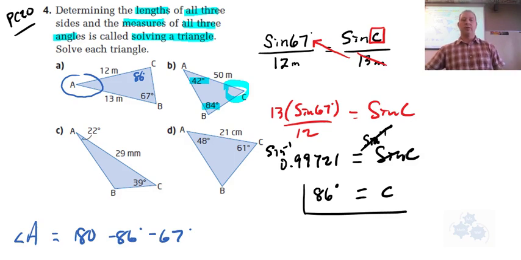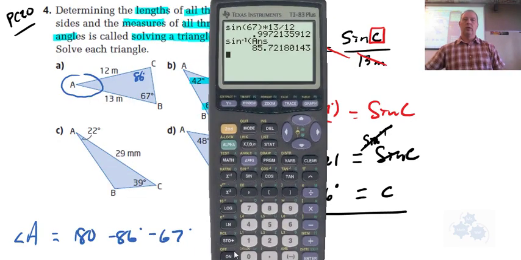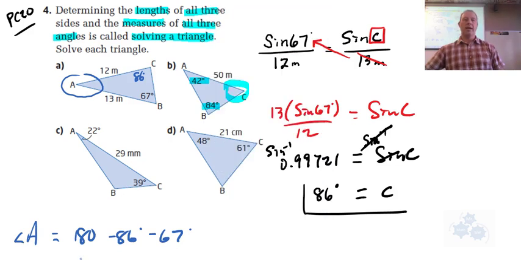So 180 minus 86 minus 67. Oh, it's 27. So angle A is 27. Awesome. You don't have to put it on the diagram if you don't want to. We're getting close. We have one more side left to solve for, right?